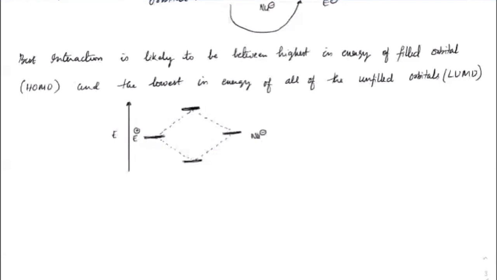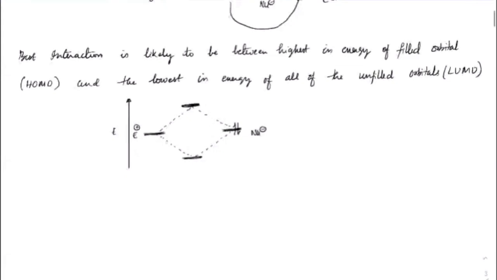If it interacts in the bonding kind, you know that the nucleophile will have electrons and the electrophile is empty in general. So when they interact, they will get a low energy orbital, which is a bond formation. Basically, it is forming a bond. So this is the HOMO orbital and this is the LUMO orbital. Just take care of that whenever we are interacting the orbitals, this is how they usually interact.